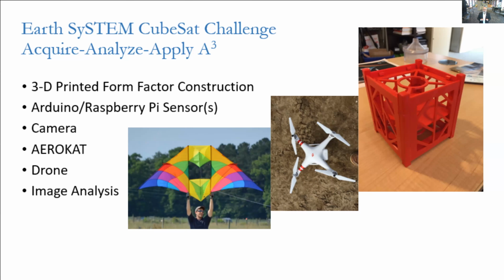CubeSats are these 17 centimeter squares. They were used yesterday. NASA has programs that you can fly, but that's very expensive, so this is a step down where teachers and students can start getting information.